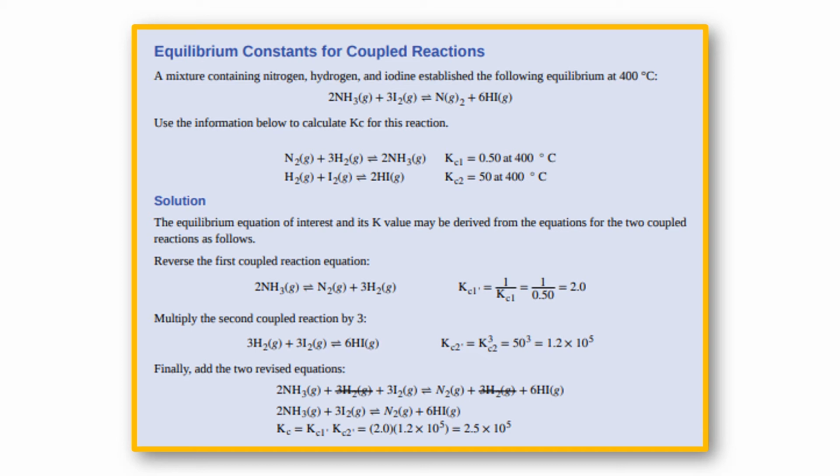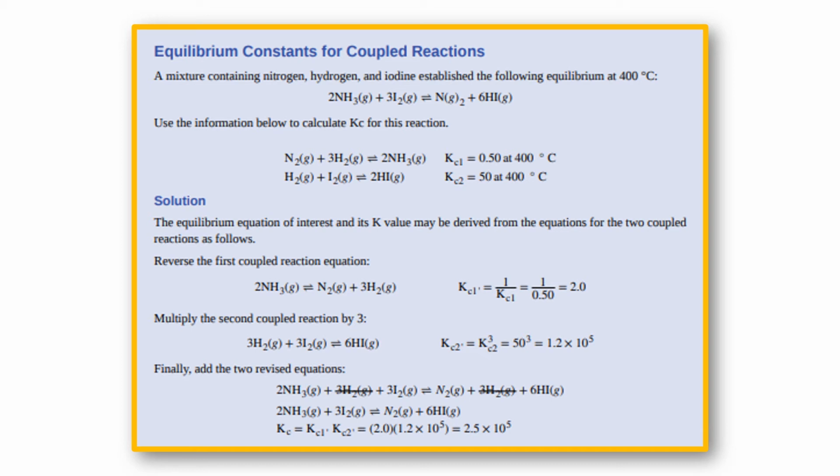Then multiply the second coupled reaction by 3. 3H2 plus 3I2 will give you 6HI. So Kc2 will be raised to the power 3. So 50 to the power 3 will give you 1.2 times 10 to the power 5.